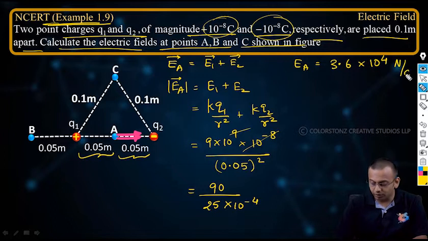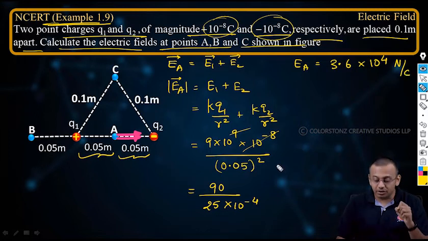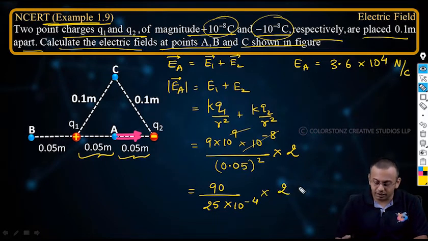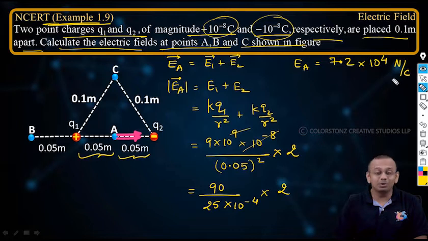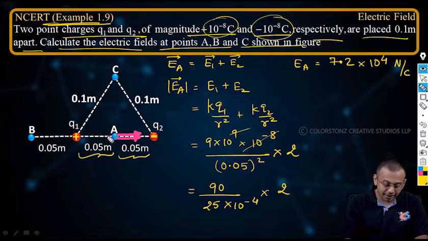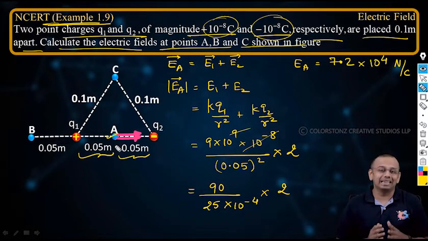The unit will be Newton per Coulomb. This is due to one charge, so we need to multiply this by 2. Remember, there were 2 charges. And actually we'll get 7.2. So 7.2 into 10 to the power 4 Newton per Coulomb is the electric field at point A.